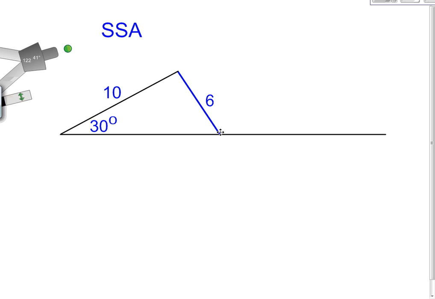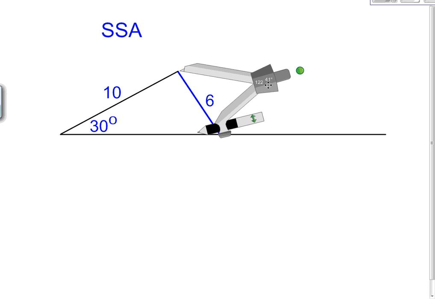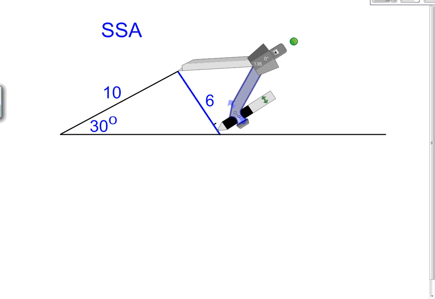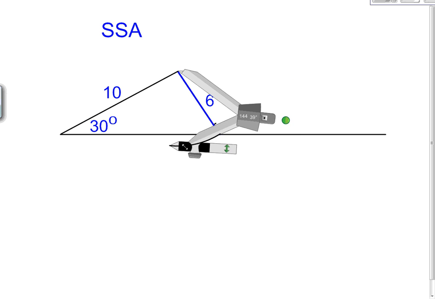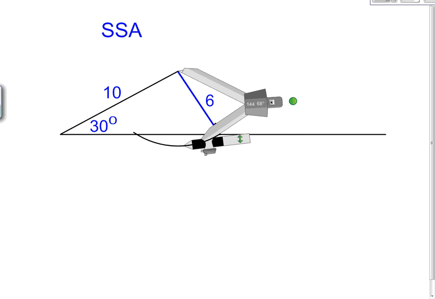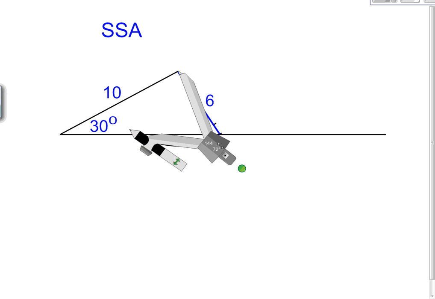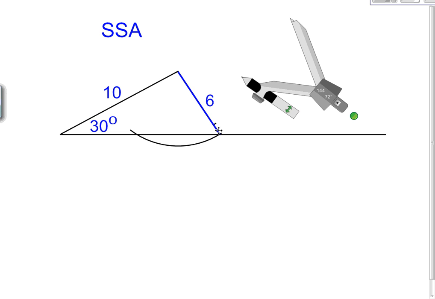Well, if that's the case, then if I line up this compass and stretch it out there and draw an arc, that arc is 6 units away from that vertex up there, which means that this side here could either be there or could be over there.